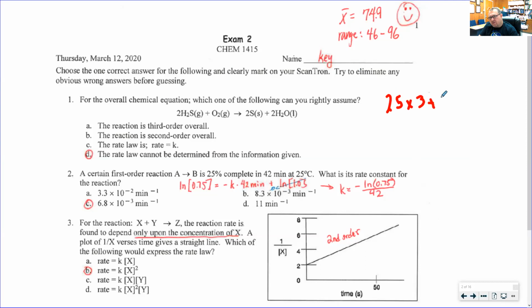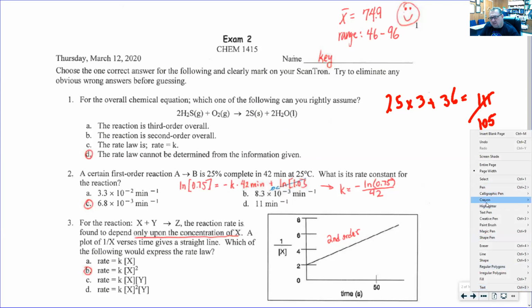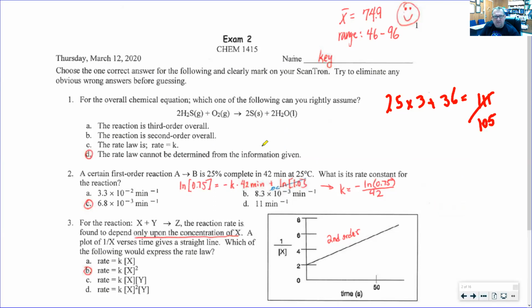And then there were the 36 points, and that was a possible 111 points if you put it together. Instead of dividing by 111, I divided by 105. And you'll see your score was adjusted by that. So I gave you a 6-point curve, is a simple way of thinking about it, or a 6 potential point curve on the exam. There were a couple of questions more than usual that I thought were of higher than average difficulty.